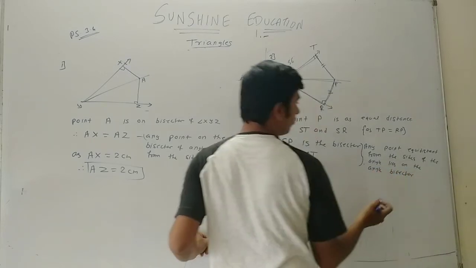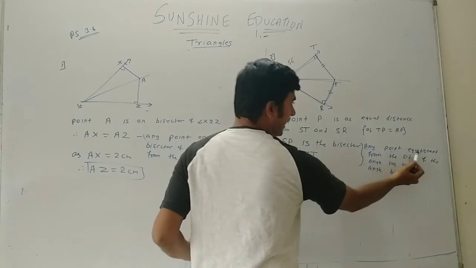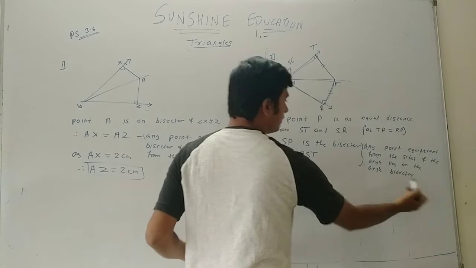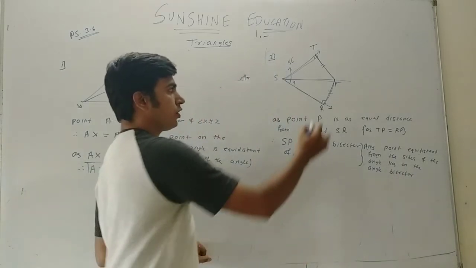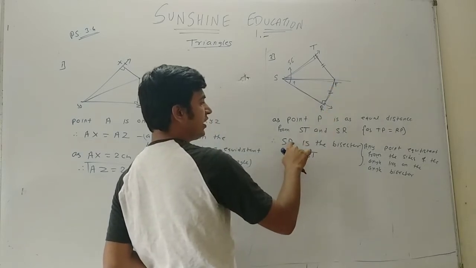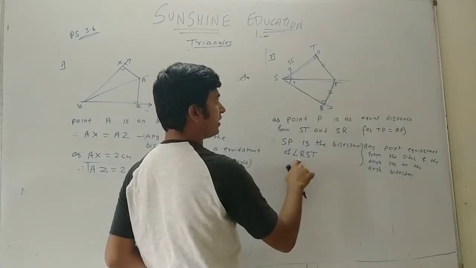Okay, I am reading for you. Any point equidistant from the sides of angle lies on angle bisector. Therefore, if this is equidistant, I can say that this lies on angle bisector. Therefore, I can say SP is the bisector of RST.